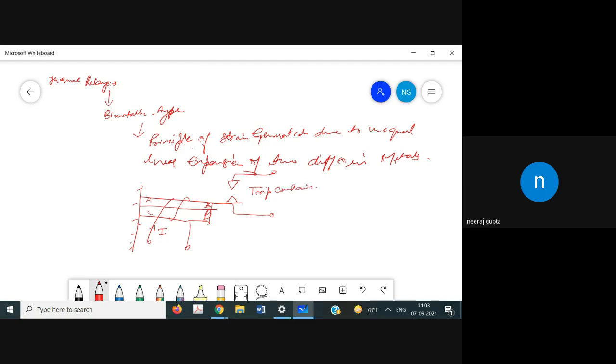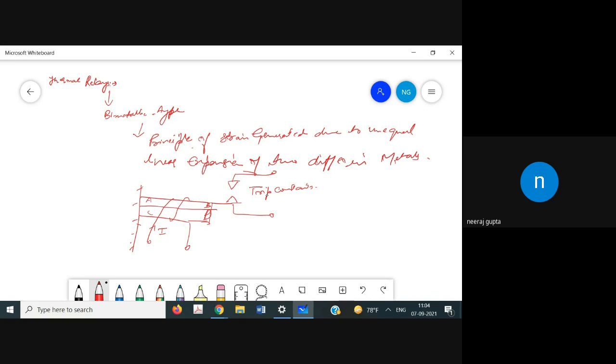Now, what happens? It is a bimetallic strip. We have the two metals in that, AB and CD. Whenever current flows through this wire, both strips AB and CD get heated up by the same amount. The heat is the same, but the expansion is different because they have different coefficients of linear expansion.